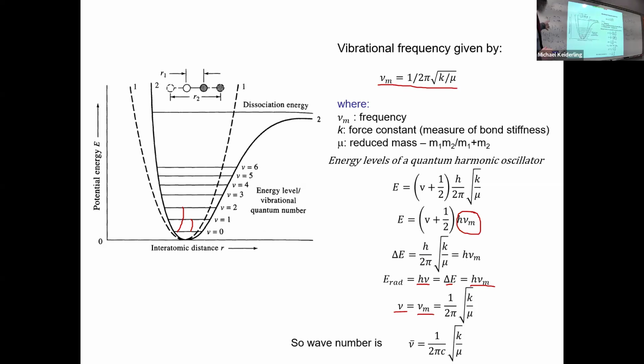Because the energy levels are evenly spaced, let me change these to match the book, because they use nu_m, the natural vibrational frequency, and that gives you the energies. So the frequencies are either the natural frequency of the vibration or a whole number multiple of it. Those are the frequencies of the light, which sort of makes sense if you think about it.